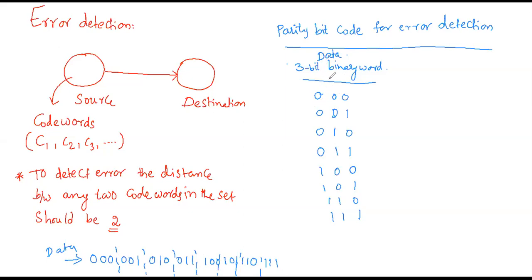This data should be combined with check bits to transmit. The check bit we are using is the parity bit. The parity bit is nothing but a check bit, because from the source you are transmitting the combination of data and check bits.